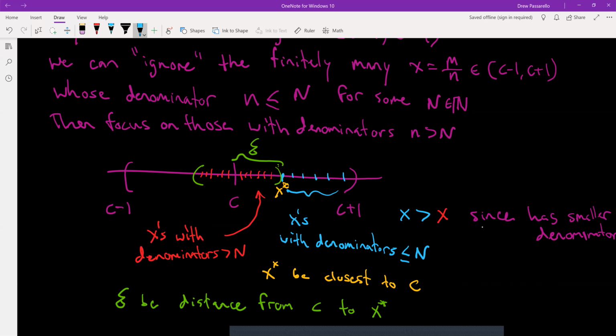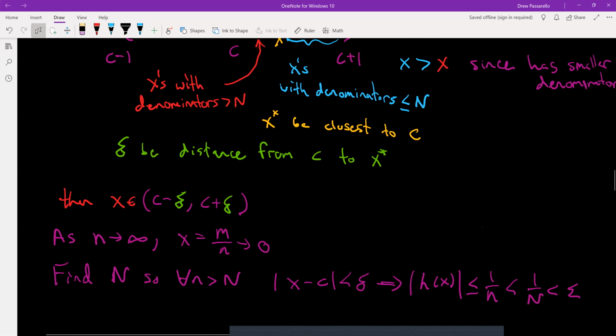So we first take the interval (c minus 1, c plus 1), shrink it down to (c minus delta, c plus delta), and focus only on where that interval does not have any rationals with denominators less than or equal to capital N. So that's what we're going to try to do.